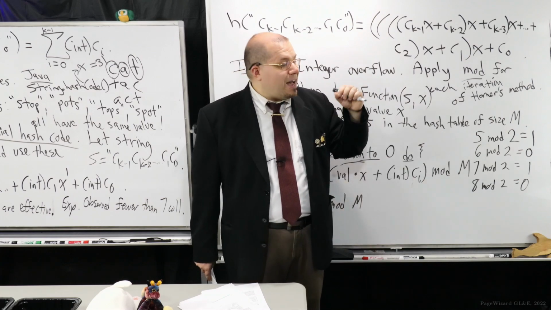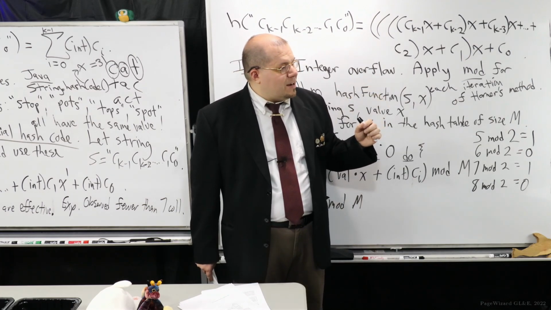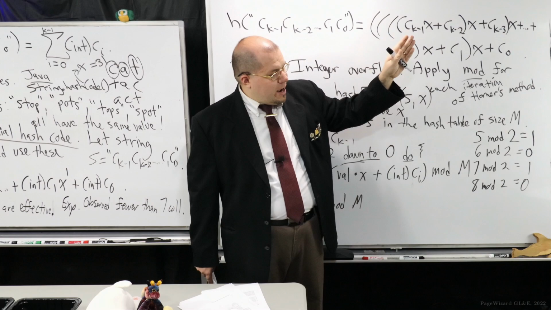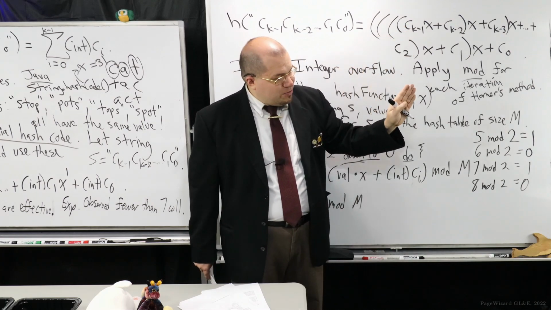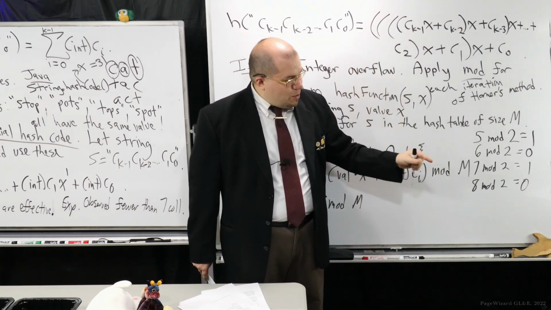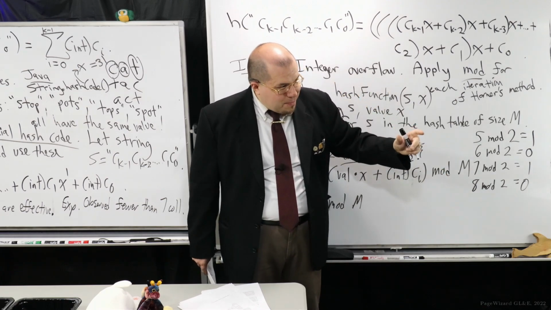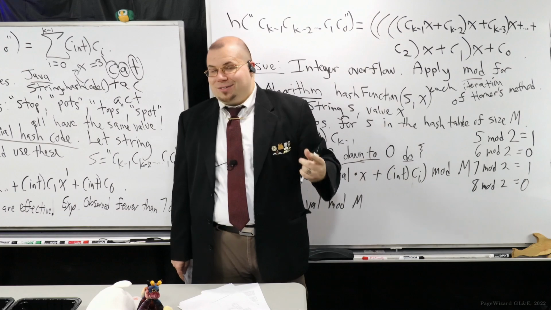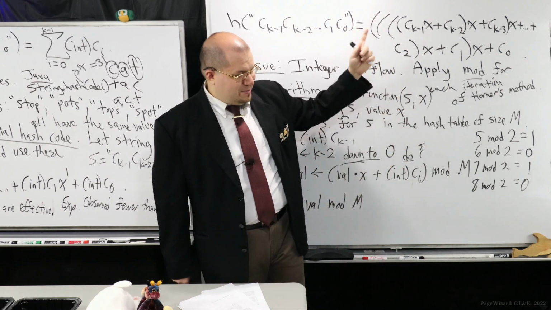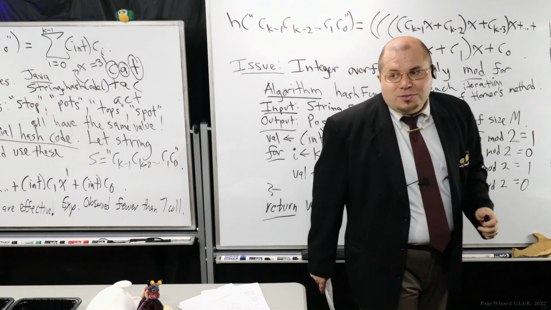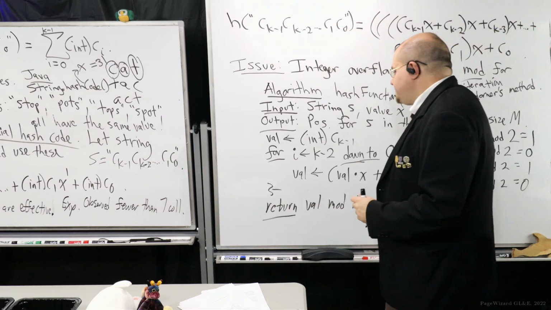That's why it's capital M. If you started at 0, 0 mod M is 0, 1 mod M is 1, all the way up to M minus 1 mod M is M minus 1. But when you get M mod M, it becomes 0 again. So it's periodic. It has a period. So it forces you to go to one of the slots.